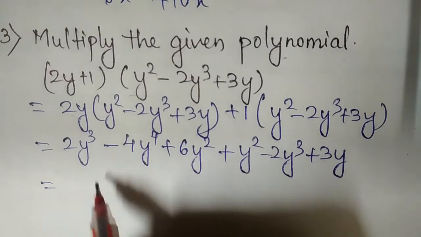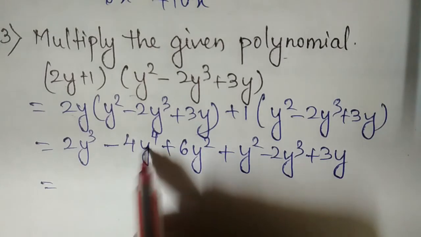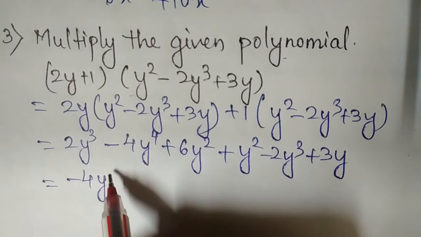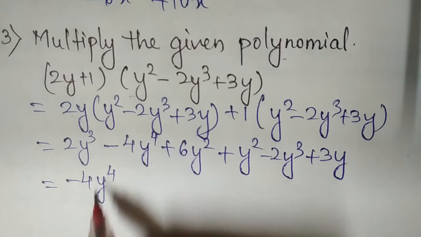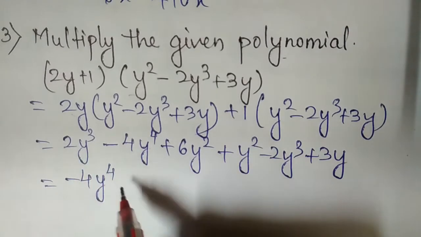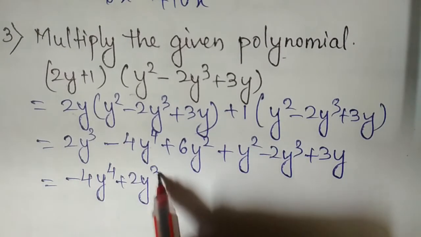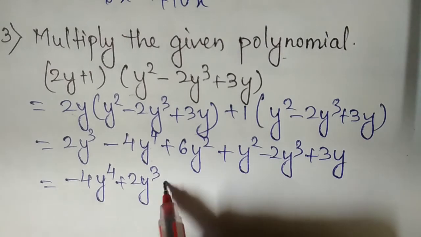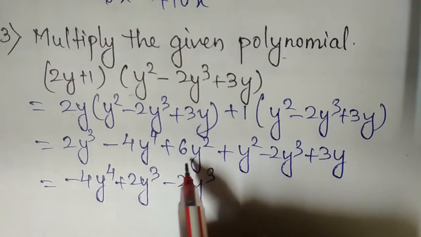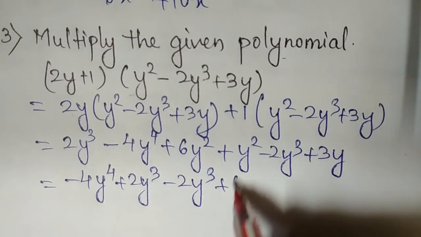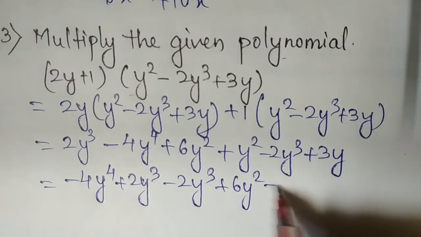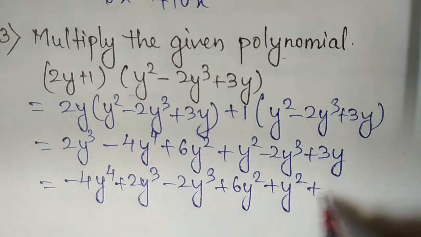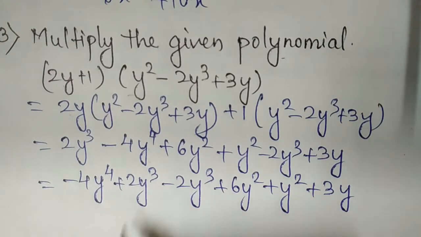Fourth degree is only one, so we will write the highest degree first, then cube: plus 2y cube, then minus 2y cube, then plus 6y square and plus y square, and 3y plus 3y.